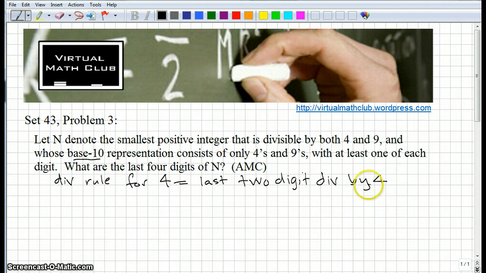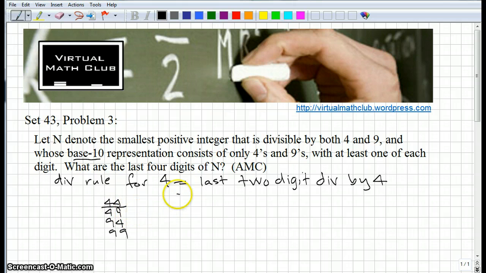So we can just deal with the last 2 digits at first. We can only have 4s and 9s, so our possibilities are 44, 49, 94, and 99. Of all of those, the only one that's divisible by 4 is 44. So the last 2 digits are 4, 4.